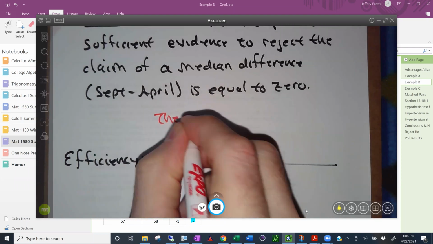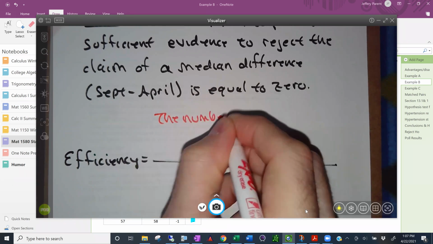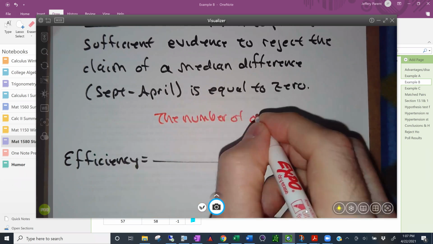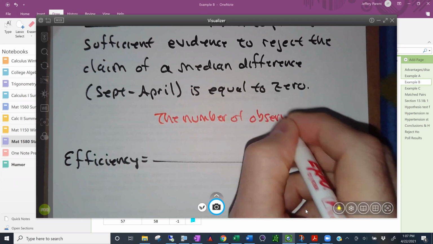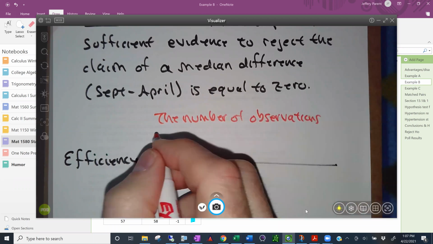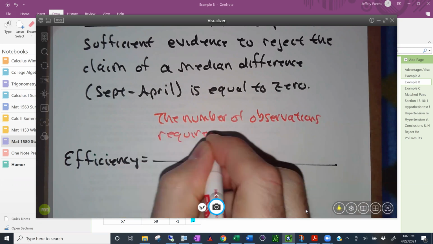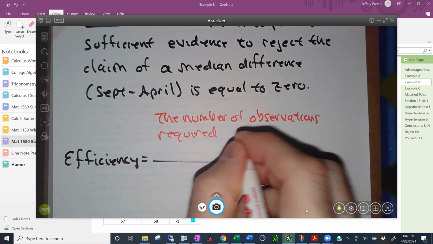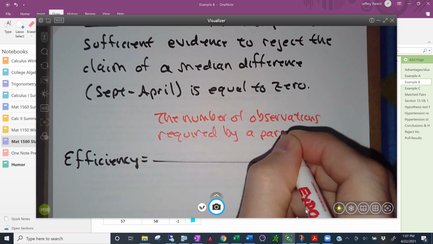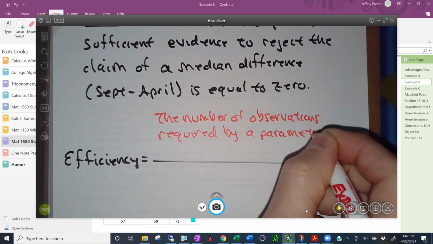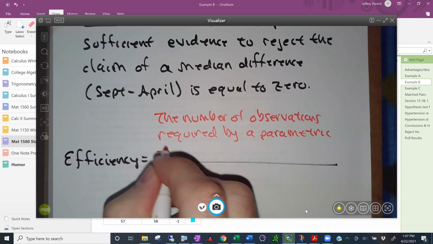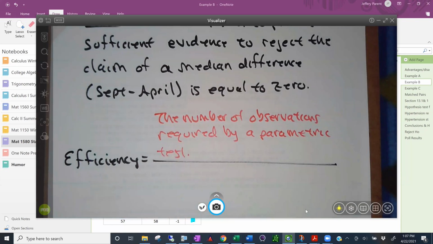Number of observations required by a parametric test. Those are the ones that we did in chapter 8, our t-test, and we did a z-test for population proportions, et cetera.